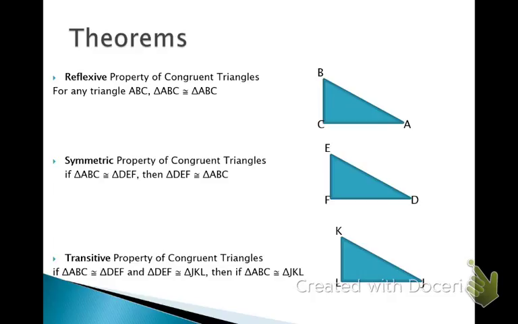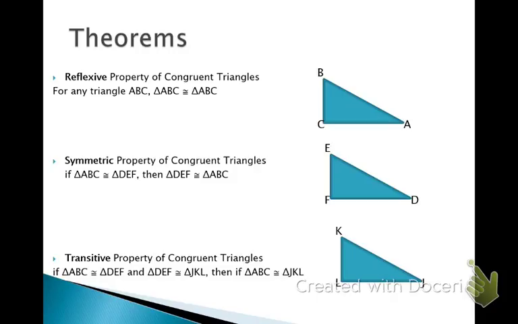Theorems. Same set of theorems we've been using before. Now we're applying them to triangles. If we say a triangle is congruent to itself, and it's in the same order, ABC is congruent to ABC, then that's called reflexive property of congruent triangles.